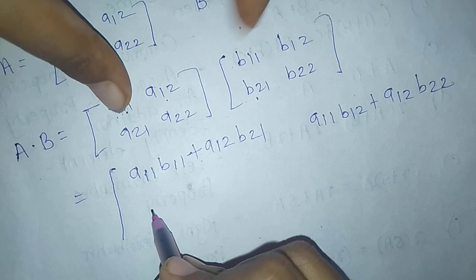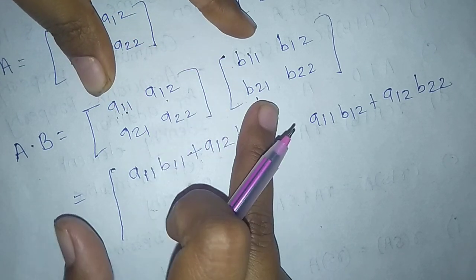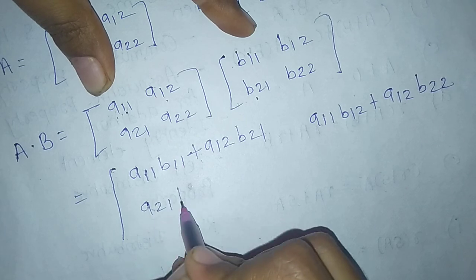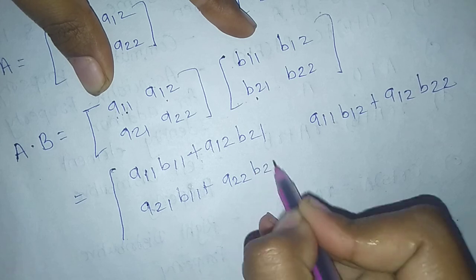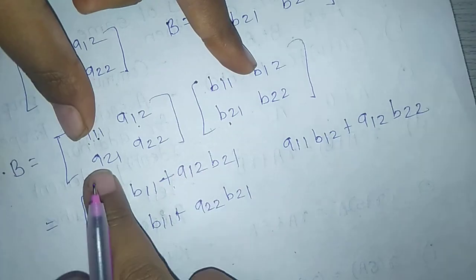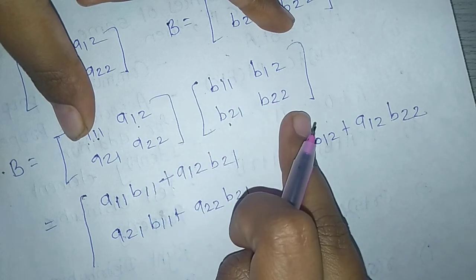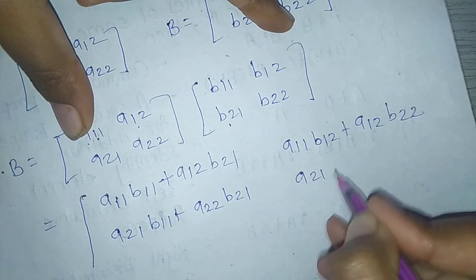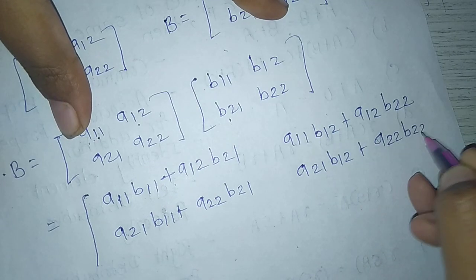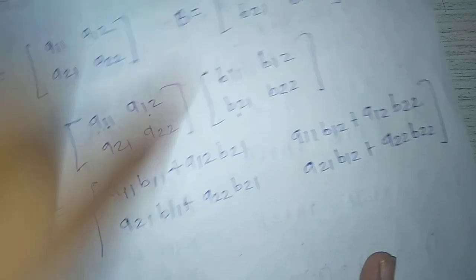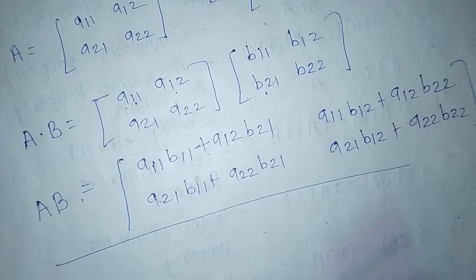The third entry is a21 b11 plus a22 b21. And the last entry is a21 b12 plus a22 b22. Here we get A into B.